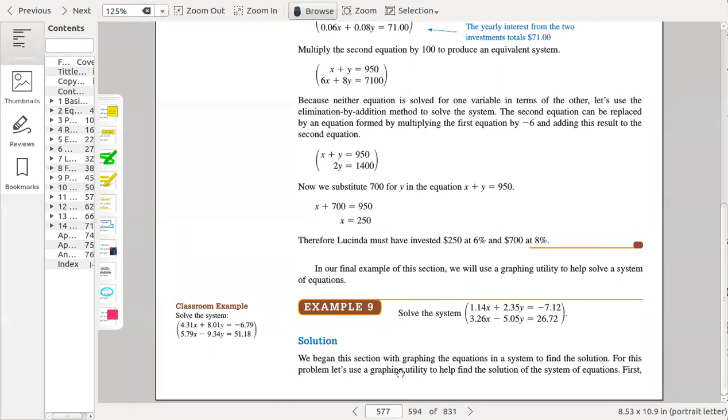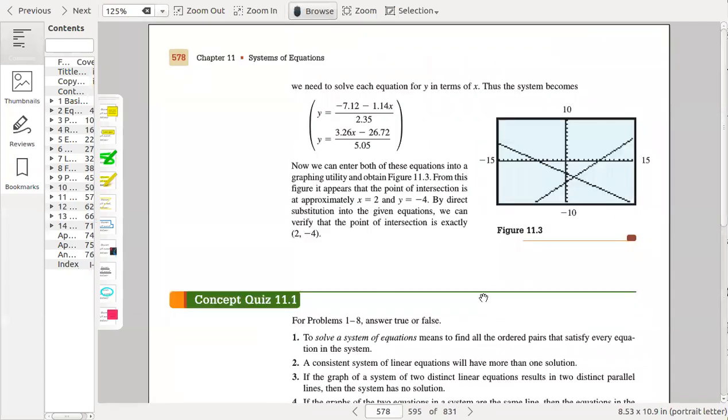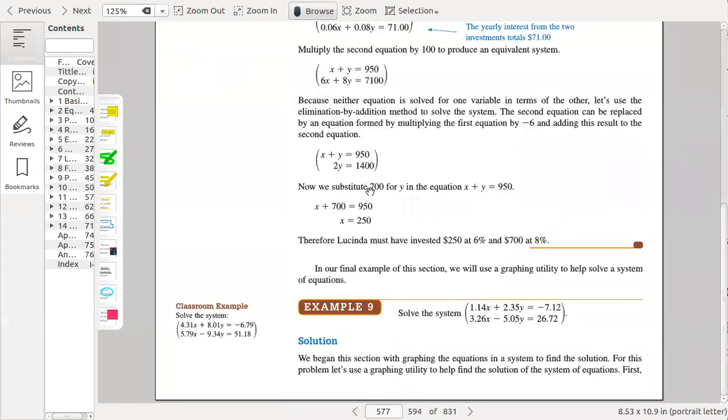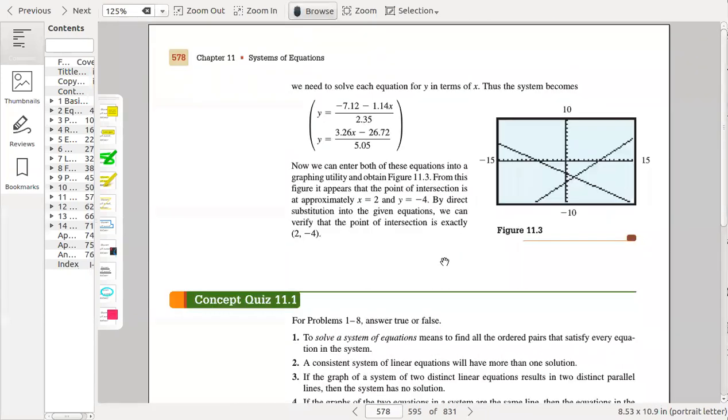We began this section with graphing the equations in a system to find the solution. So there are some techniques available on Google or software, so you can even use this technique to solve this kind of equation. But you can also use your calculator.